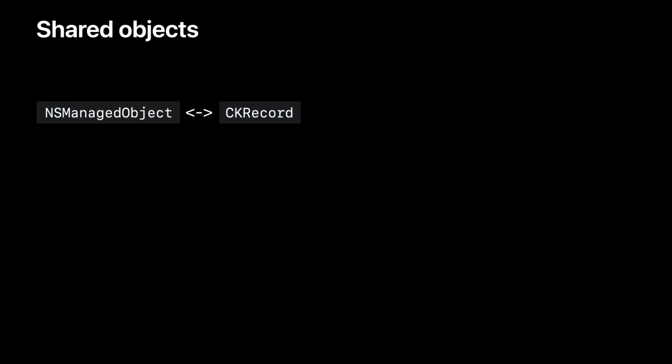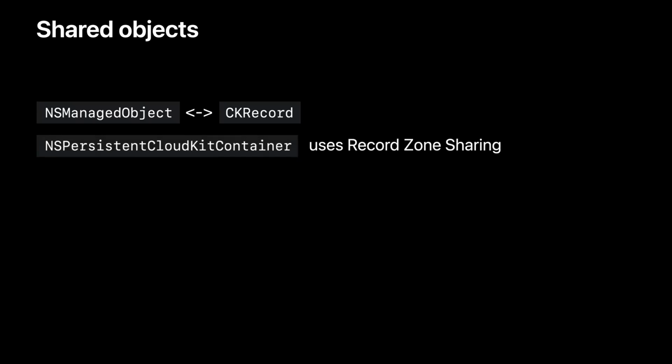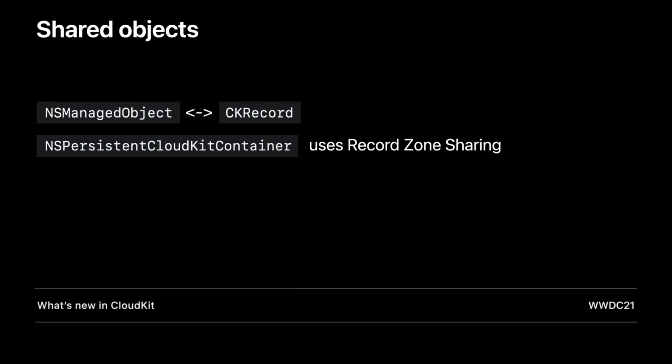But this isn't how NSPersistentCloudKitContainer works. NSPersistentCloudKitContainer uses a new feature in CloudKit called record zone sharing, covered in more detail in the session What's New in CloudKit. But let's take a look at how NSPersistentCloudKitContainer uses record zone sharing to share managed objects.